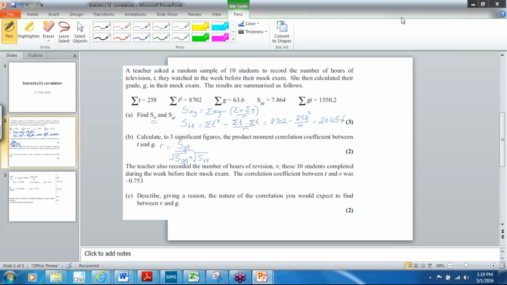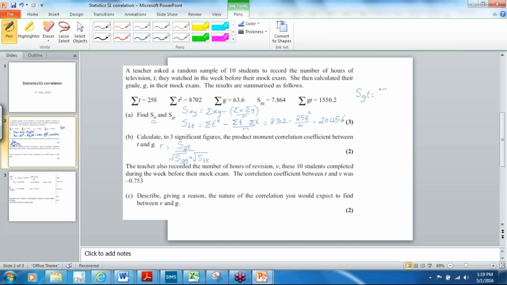So let us carry on over here. The covariance of GT is sigma GT minus sigma G times sigma T, over n. So our sigma GT, we're already told, is 1550.2, and we are subtracting sigma G, which is 63.6, times sigma T, which is 258, over 10.